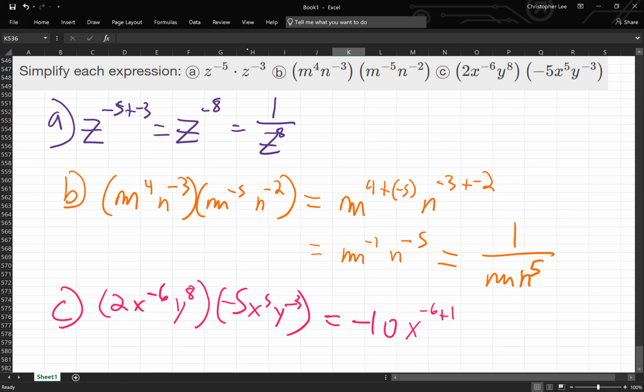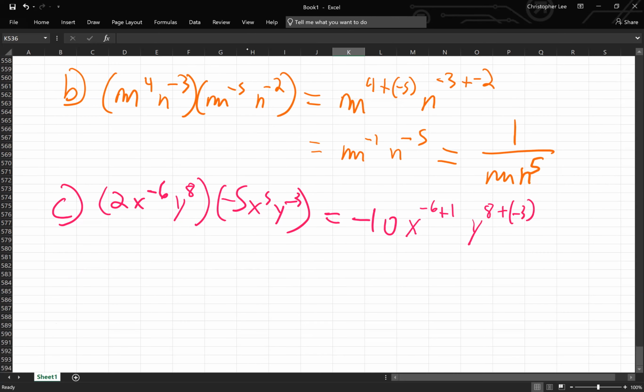And then what else do we have? Y to the 8, y to the negative third. Let's add those together. Final answer, negative 10, x to the negative fifth, y to the, what's that, 5?